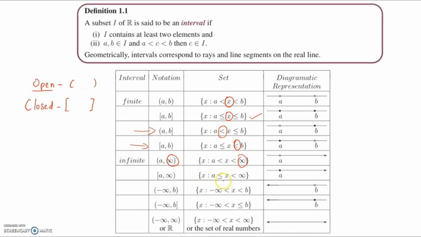So all infinite intervals are open intervals. So here you see this example where x ≤ b. So it's equal to b. Therefore, you have the closed bracket. Whereas on the left it is infinity. So you have the open bracket.